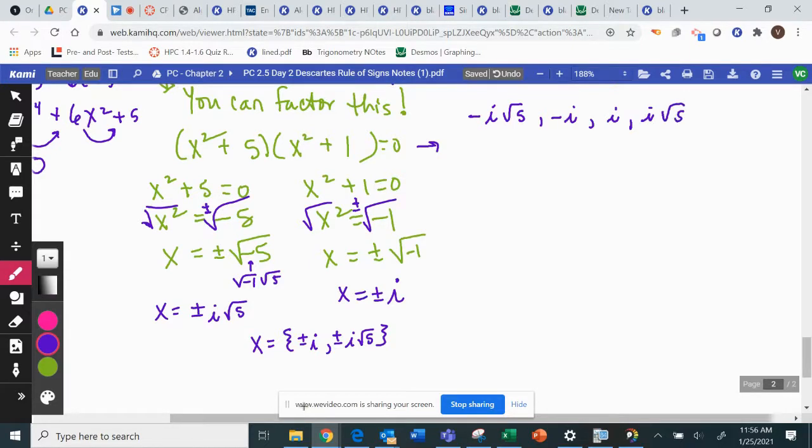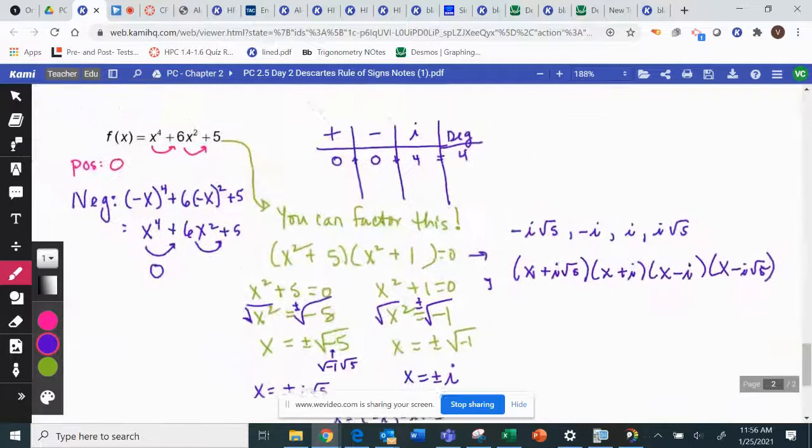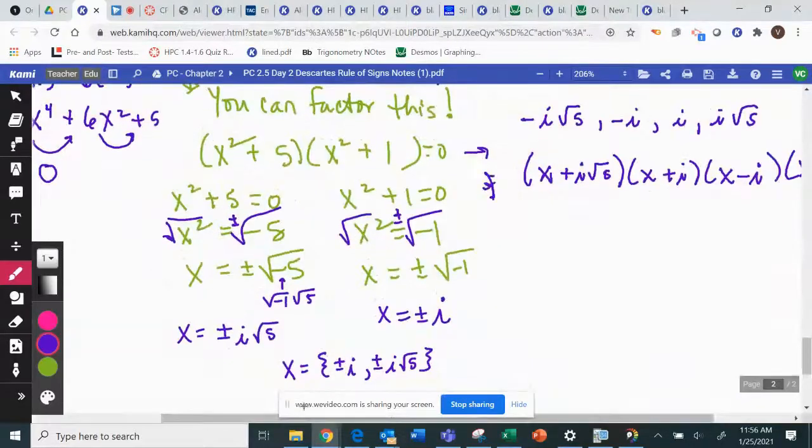So my factors would be x plus i square root 5, x plus i, x minus i, and x minus i square root 5. So that's the factored form, f of x. There you go. That's what the factored form would look like.